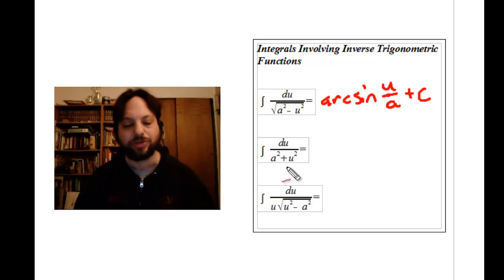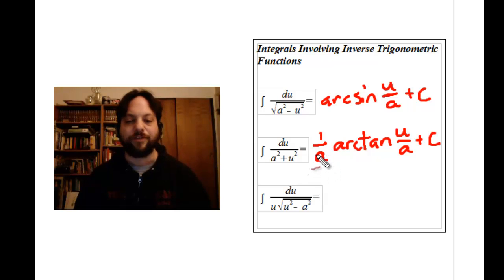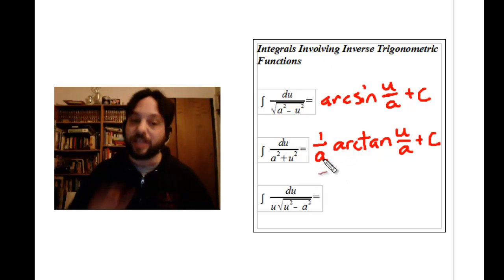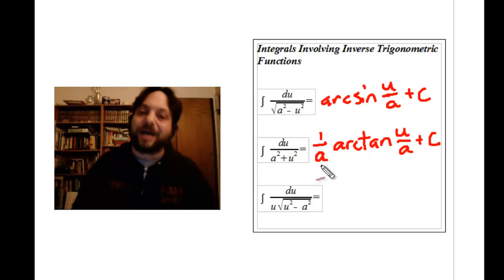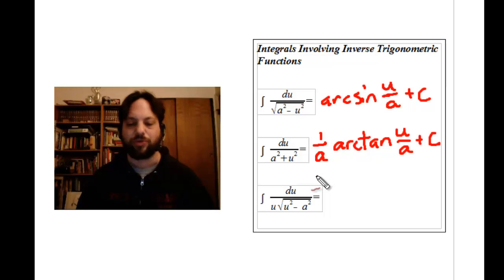But again, here we're going to introduce a constant. And so what that's going to do is give us 1 over a multiplied by the arctangent of u over a plus c. So this is a little bit different. Notice that there is a coefficient on this arctangent, and that is very important, unless, of course, a happens to be 1, and then we can just disregard that whole thing.